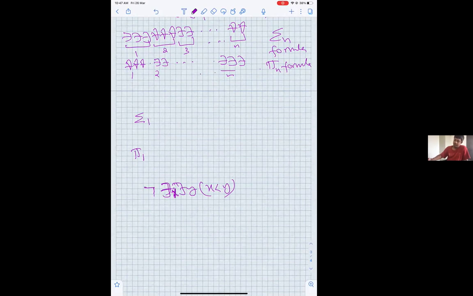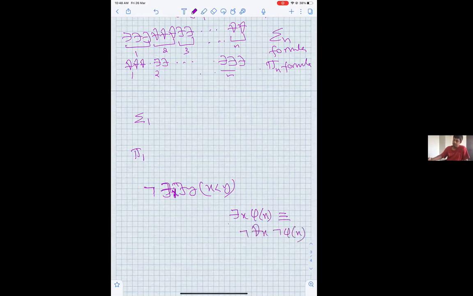We have a logical equivalence: there exists x, phi of x is equivalent to negation for all x, negation phi of x. That is, saying that there exists an x is the same as saying that it is not the case that for all x it is not the case phi.